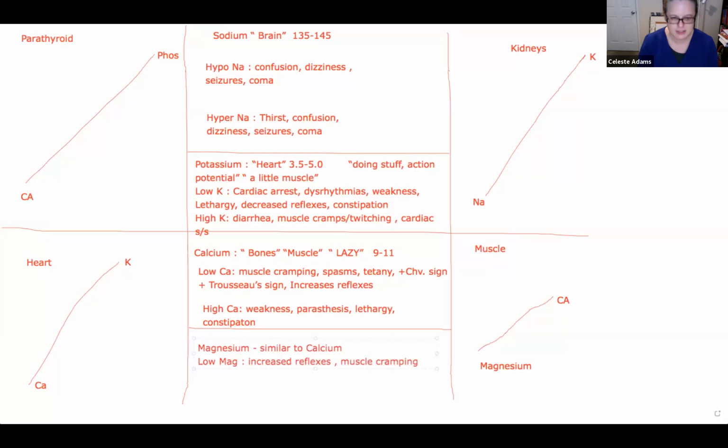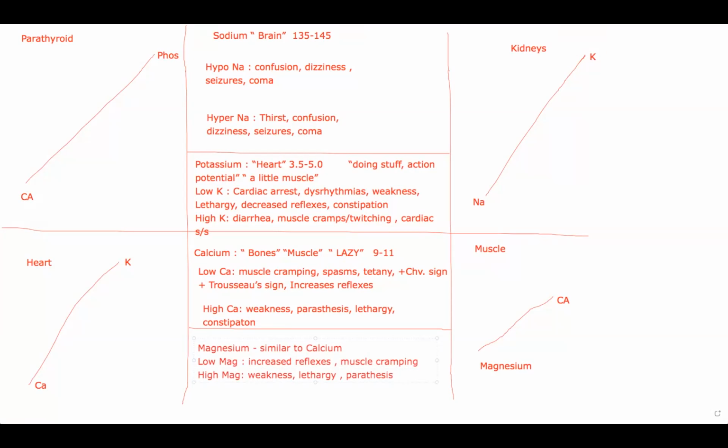And in high magnesium, you are going to see the laziness, the weakness, the lethargy, and the paresthesias. Same thing.